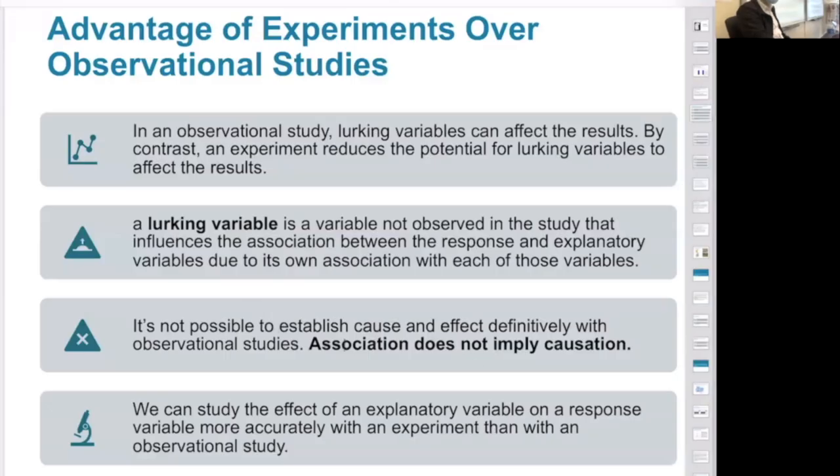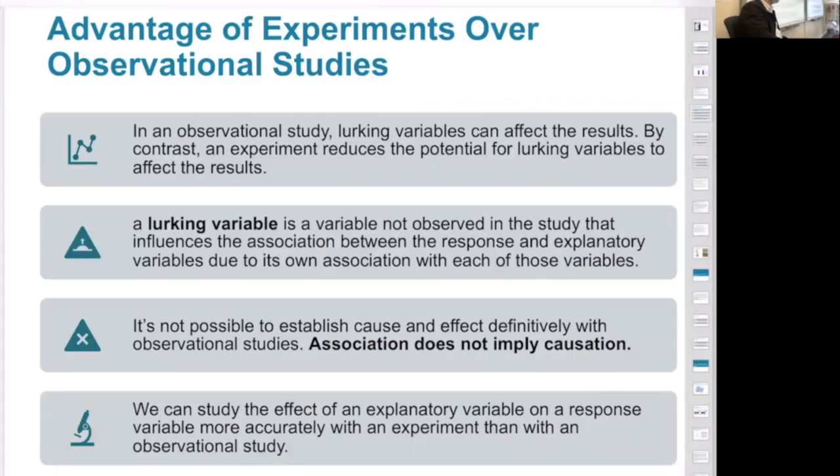Something about the observational study is that sometimes you will not be able to find the association. And also, if you find the association, this association doesn't imply causation. If you remember, last time we talked about the relation between association and causation. You may have an association, but not a causation, because the cause is not scientifically proven.